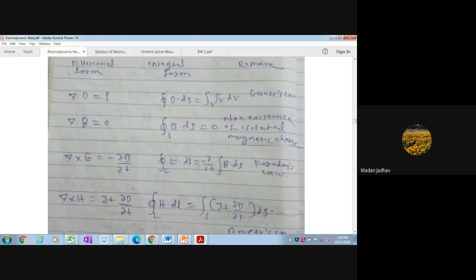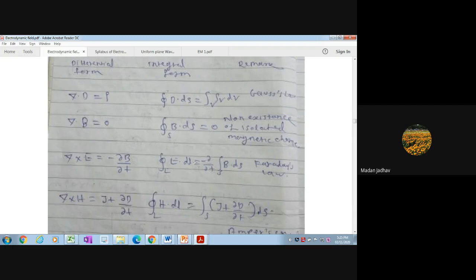Then another integral form: the curl of E is minus dou B by dou t as the point form, and the integral form is the closed line integral of E dot dl equal to minus dou by dou t of the surface integral of B dot ds.